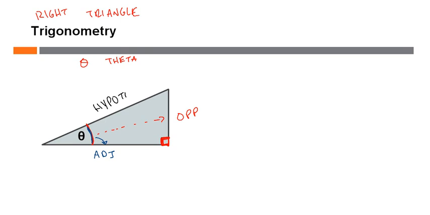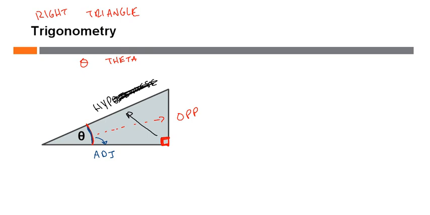We refer to that as the hypotenuse, which we're going to abbreviate down to HYP, and it's always straight across from the right angle. You got to be able to label those sides. Theta is in one corner, the opposite is straight across, the adjacent's right next to theta, the hypotenuse is straight across from the right angle. So those are the names of those three sides.